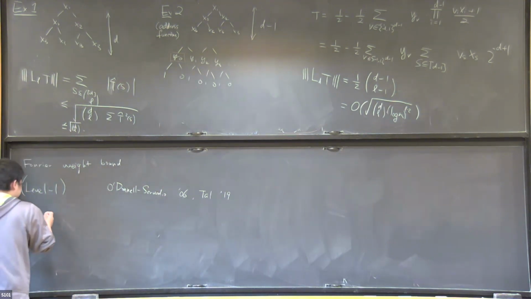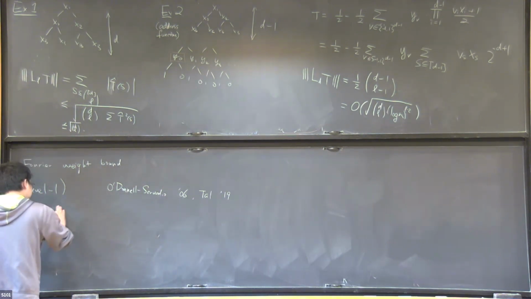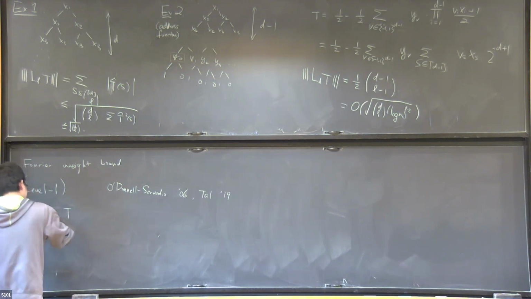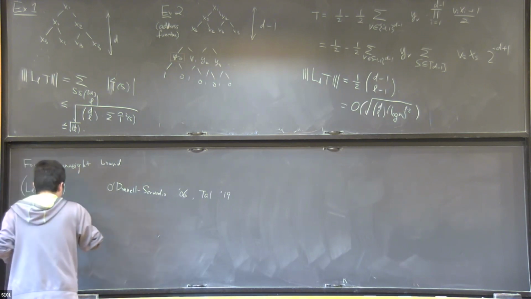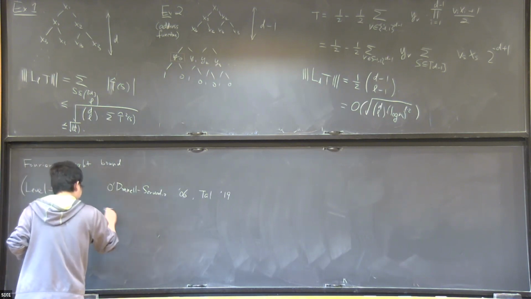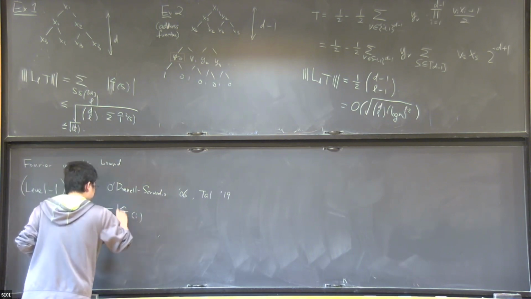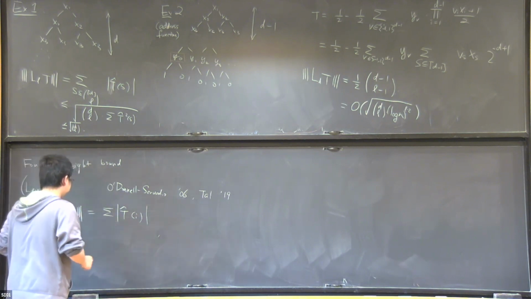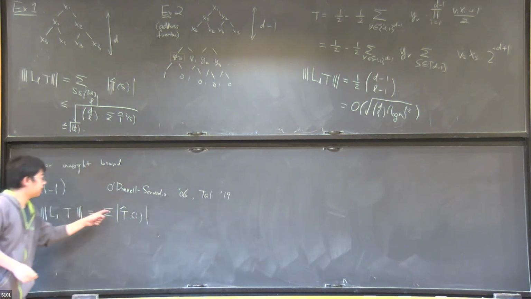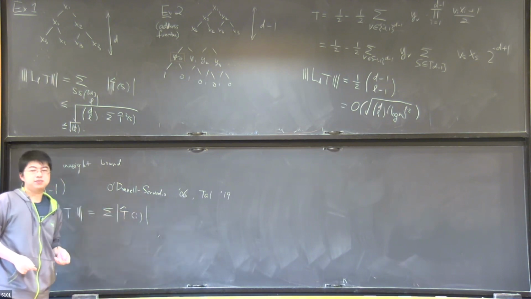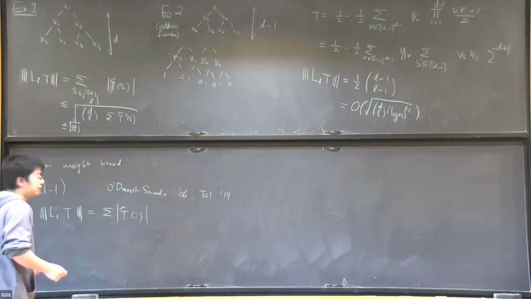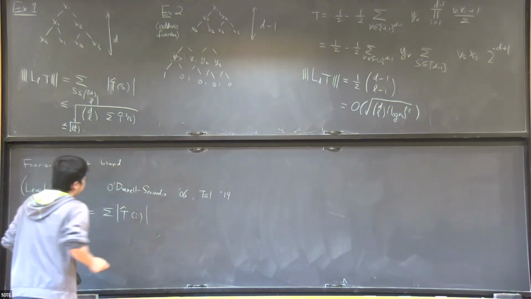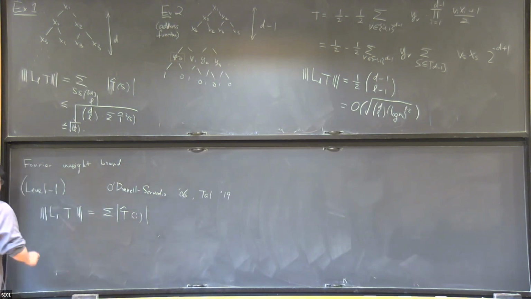So the key thing is that if you have a decision tree T and you want to look at its level 1 weight, which is the sum of absolute values of T hat i, then I claim that you can discard these absolute values. It suffices to look at the sum of the Fourier coefficients at the first level.